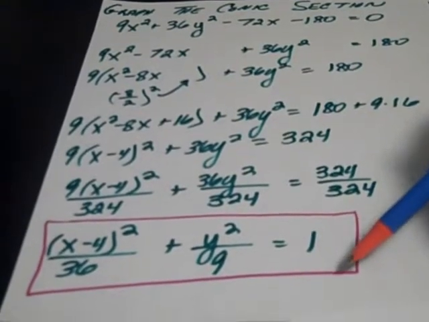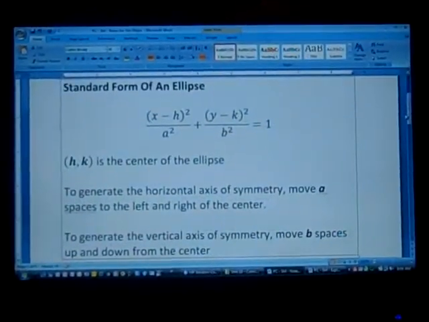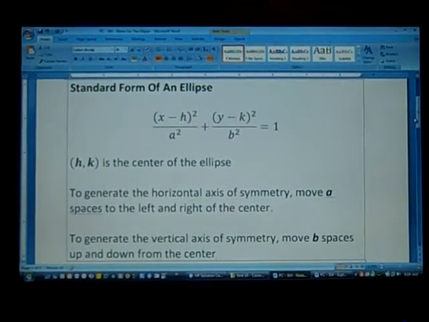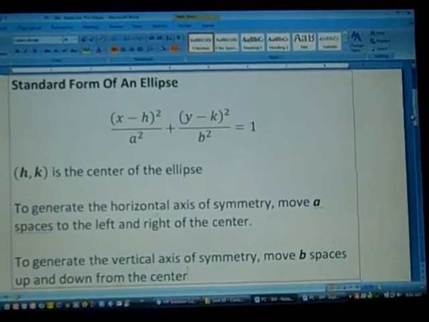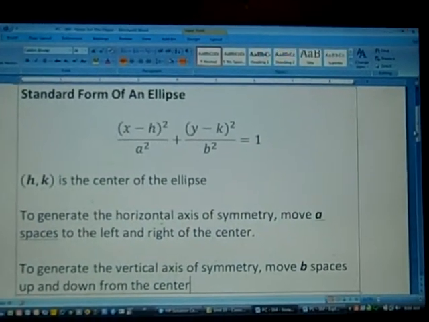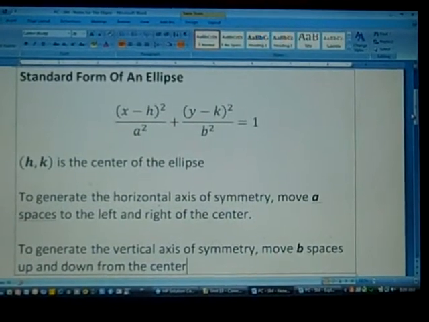Now, before we actually go and graph it on our graph paper, let's review our notes. For an ellipse written in standard form, x minus h squared over a squared plus y minus k squared over b squared equals 1, h and k are going to give us the coordinates for the center of the ellipse.